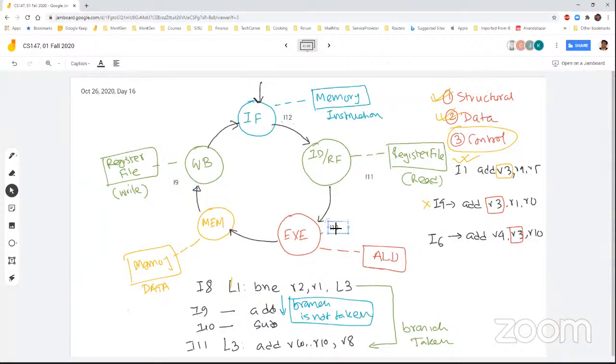So I9, I10, I11. You see that we introduced two bubbles, which means two cycles are lost in this situation. And that's what is called a control hazard. There is an indecisiveness with each of these control instructions, BNE, BEQ, that kind of instruction, where a pipelined processor needs to decide which one to predict. In this case, the prediction was wrong. That's why we need to add the bubbles.